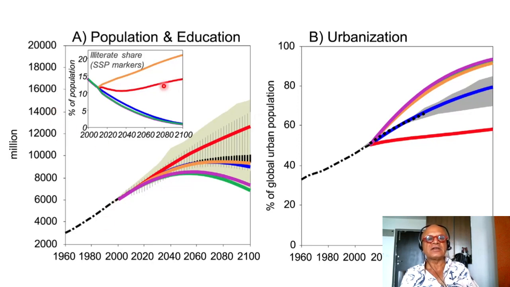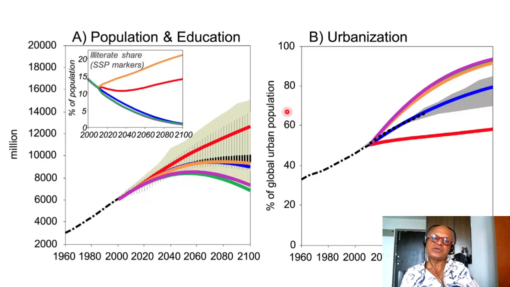You can see that here the literate population is lower and population is higher, whereas there is a turning around after peak population in some of these scenarios, which are kind of a strange combination of literate population dropping but populations also dropping.